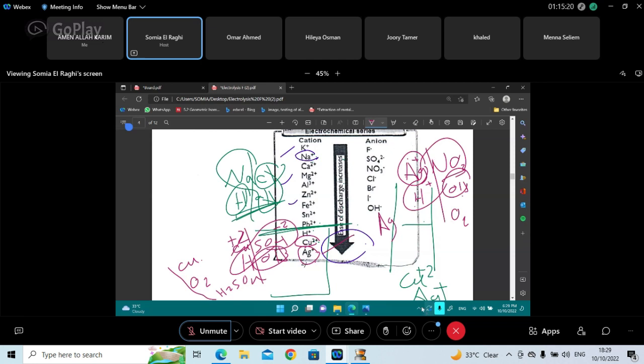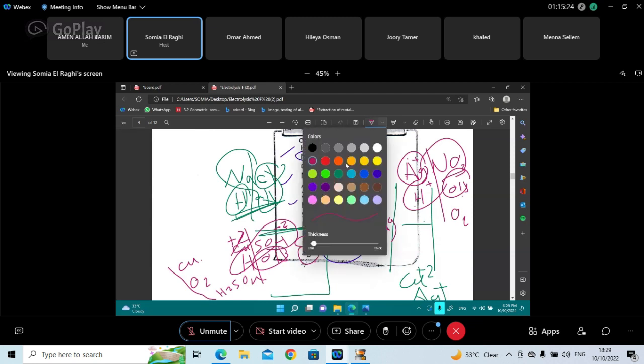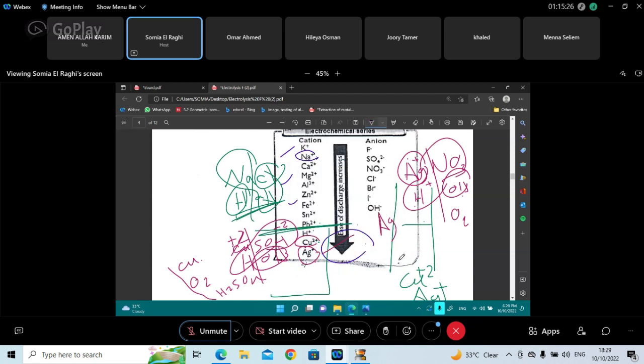Another question regarding that: why does the pH value decrease? What is the pH value for any salt? Neutral. How much is the value? Excellent, 7. The pH value for a strong acid, like sulfuric acid or nitric acid, is below 4: 1 or 2 or 3 maximum.